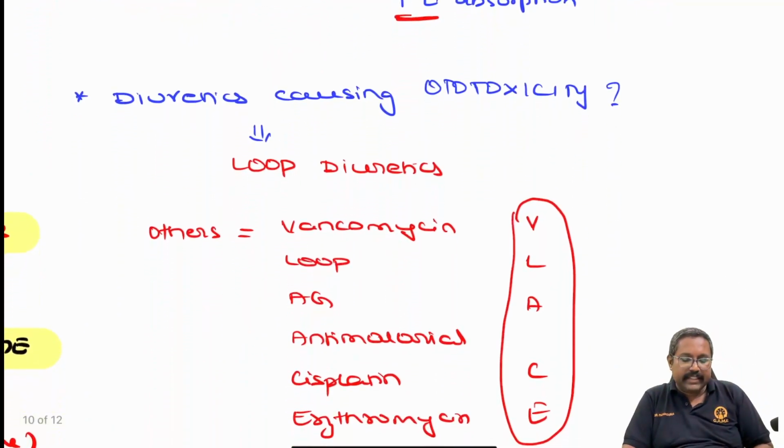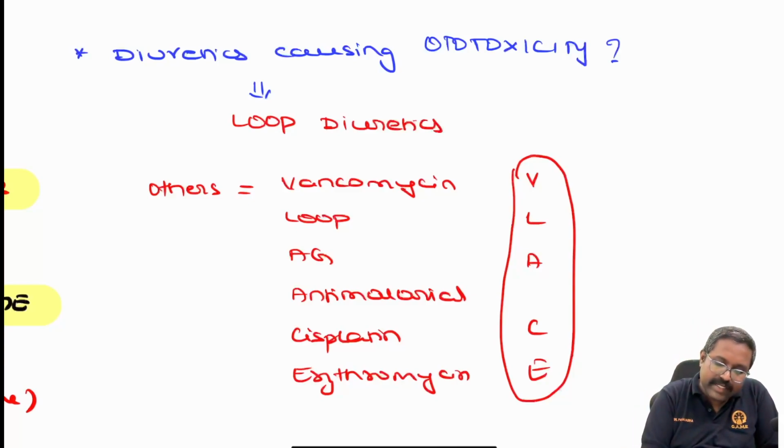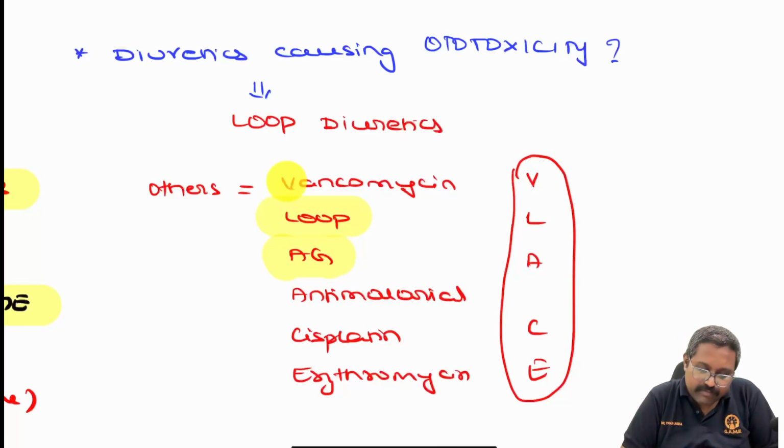So what are the diuretics which can cause ototoxicity? As we learned, even aminoglycosides will cause ototoxicity and nephrotoxicity. Already we studied this. Under the diuretics, we have loop diuretics which can cause ototoxicity. Then we have vancomycin, anti-malarial agents, cisplatin and erythromycin.